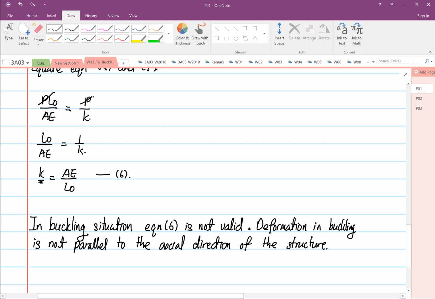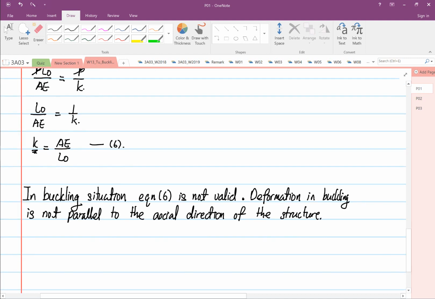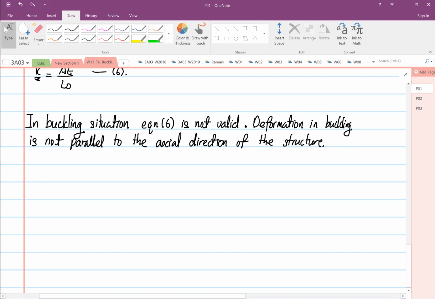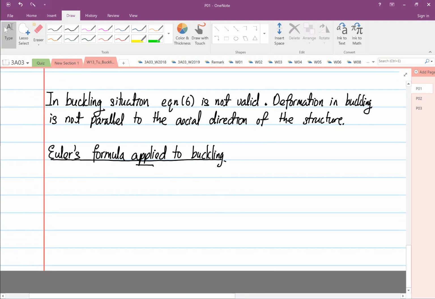So in order to go into buckling, you have to go into Euler's formula applied to buckling. So let's look at buckling, and we have to look at the deformation pattern. We have to go into the deformation.